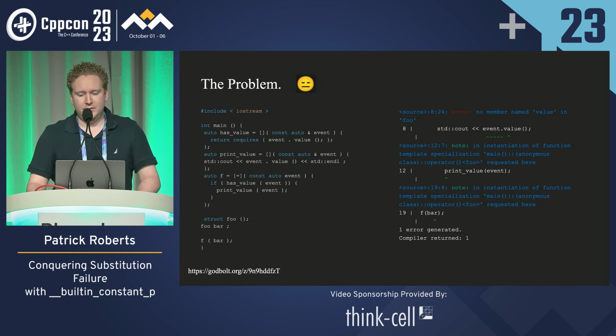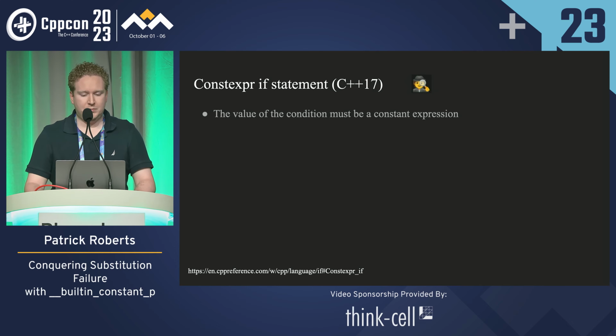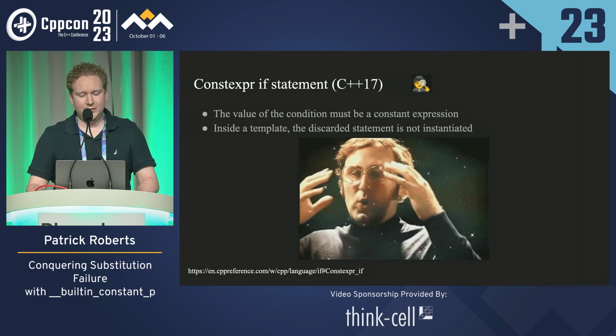To answer that, we need to understand a language feature called constexpr if statements, introduced in C++17. One thing to know about them is that the value of the condition must be a constant expression. If it's not, that's a compilation error. And secondly, inside of a template, the discarded statement is not instantiated, which is pretty mind-blowing.